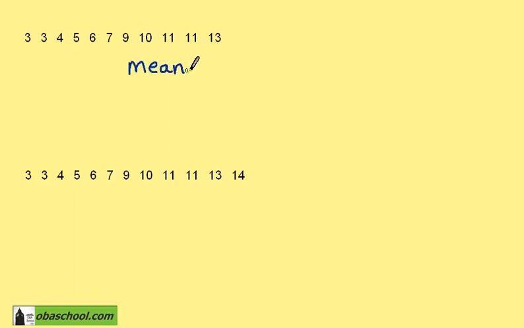The mean is always equal to the sum of the data, so we add up all of the data. And then, when we've added it, we divide by the number of pieces of data.